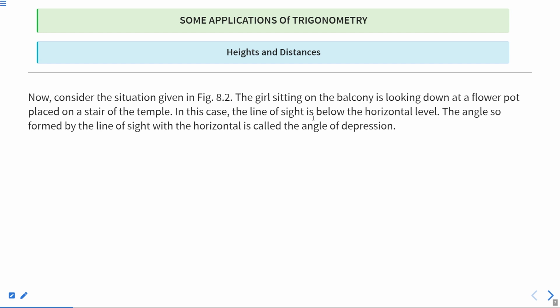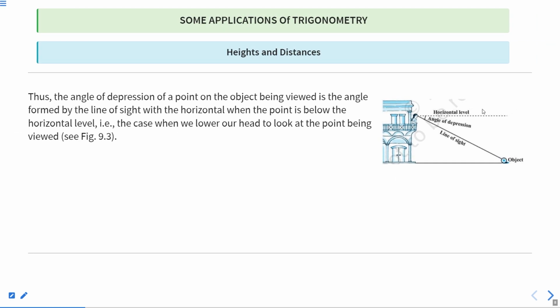The angle formed by the line of sight with the horizontal is called the angle of depression. You can visualize this picture. Here she is sitting on the balcony of her house and looking at a flower pot on the temple basement.